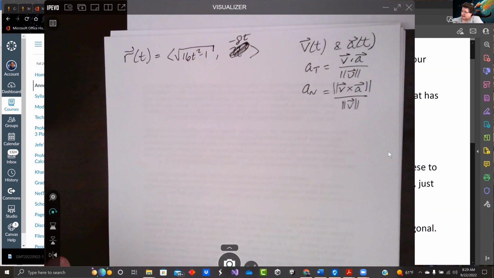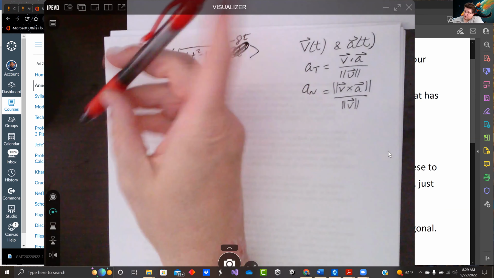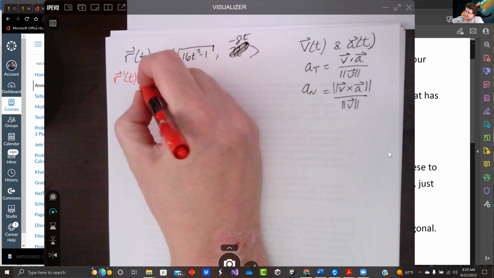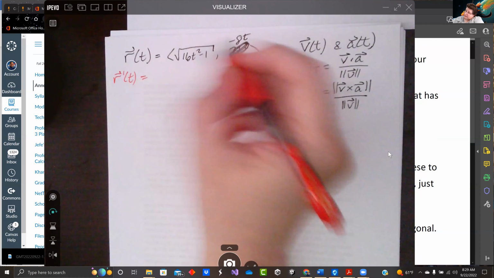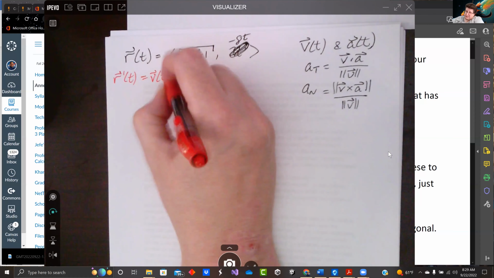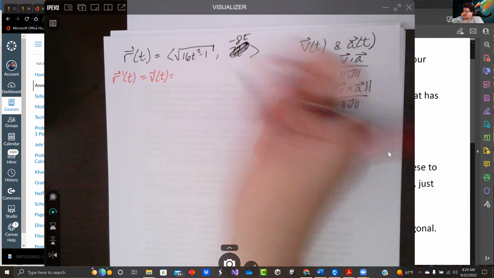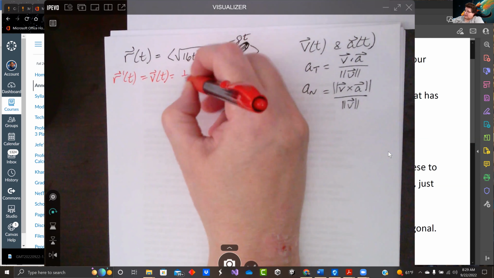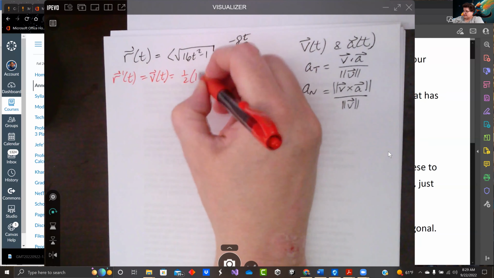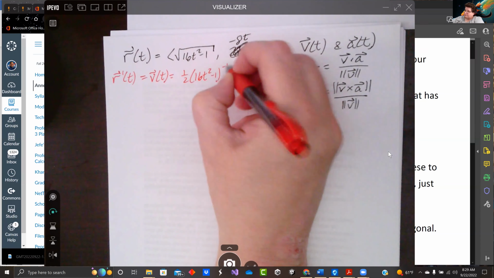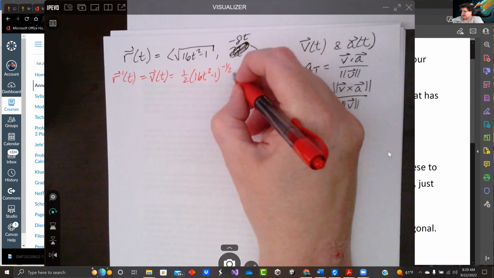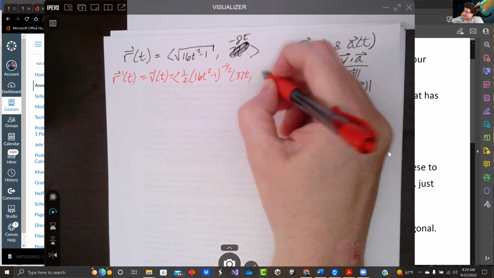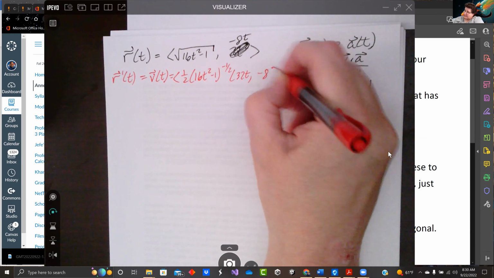We're going to start with v. As a reminder, v is r prime. The derivative of position is speed or velocity. So r prime is v of t. And what is this? We've got 1/2 of 16t squared minus 1 to the negative 1/2 times 32t. That's the first component, and the next component is just negative 8.